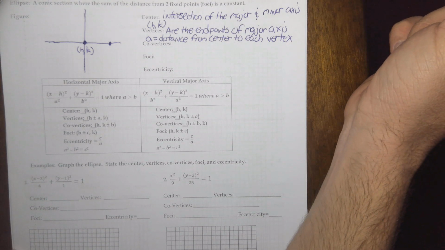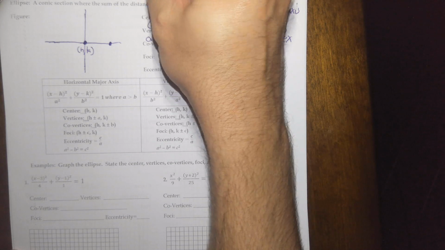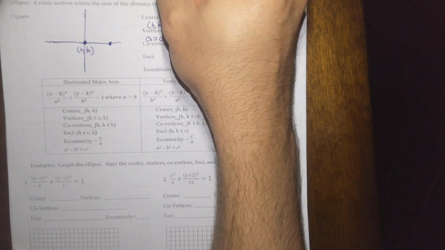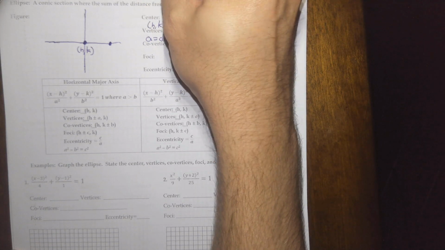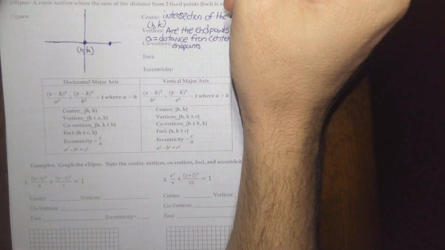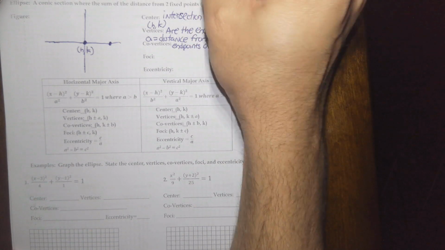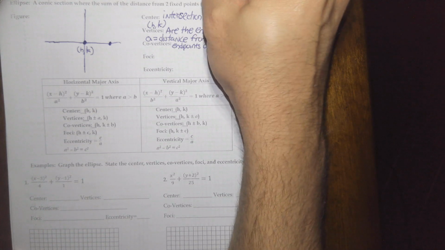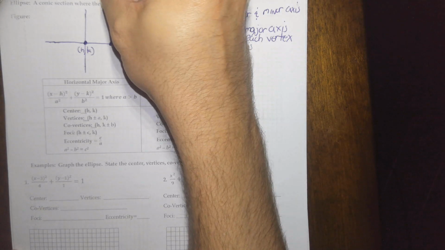Okay. Our co-vertices are endpoints of the minor axis. Okay, so that's where B comes from.